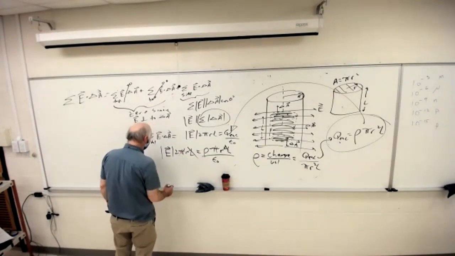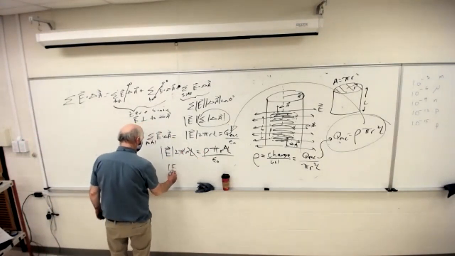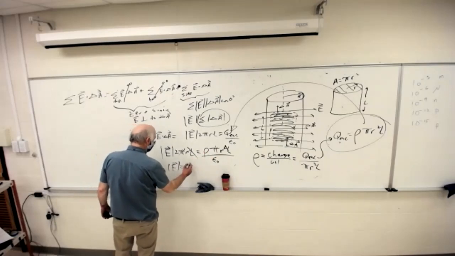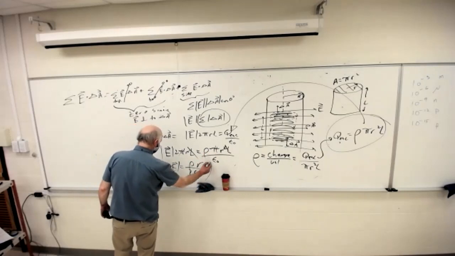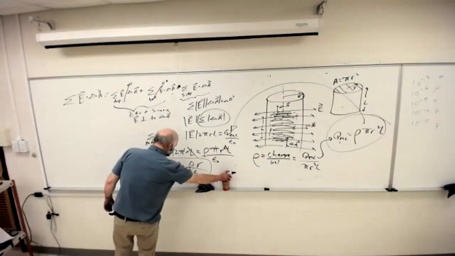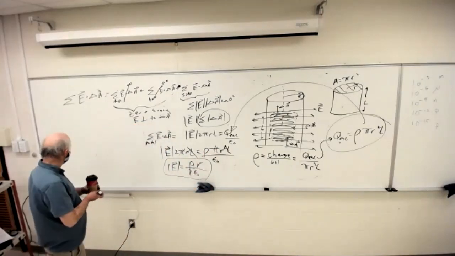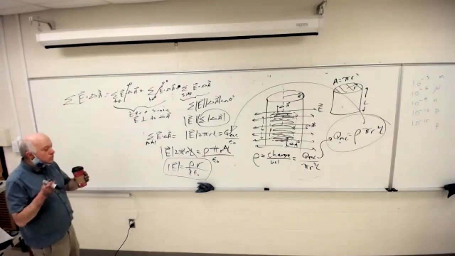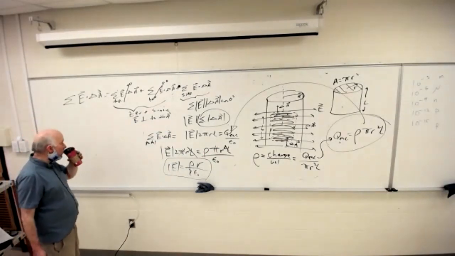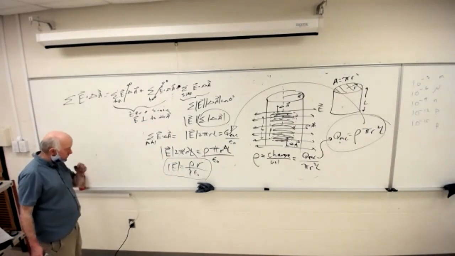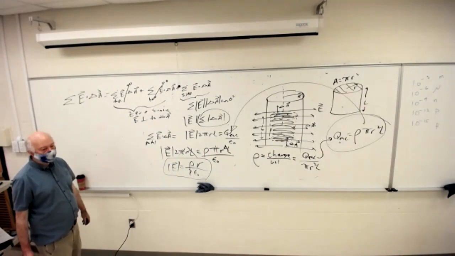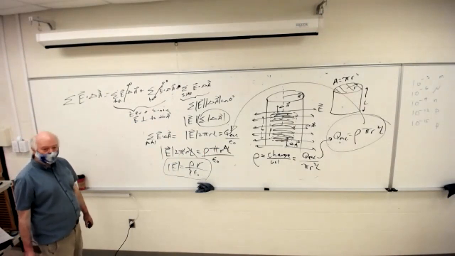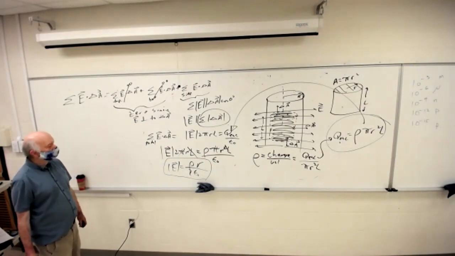So we're left with E equals rho R over 2 epsilon naught, because one of the R's cancels. That makes sense? Questions? Now what?